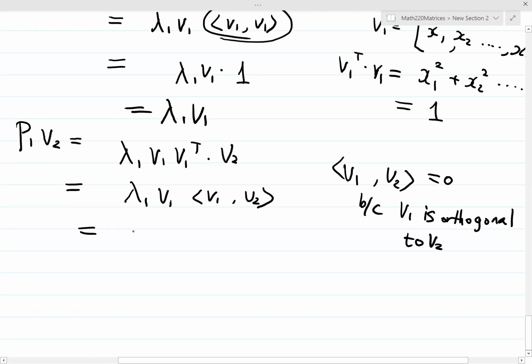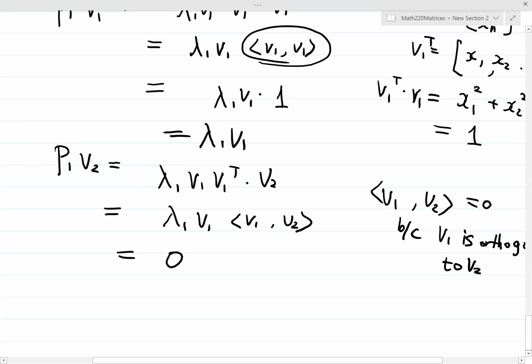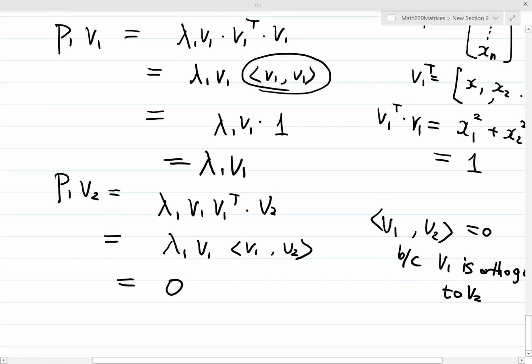So if you plug in the direction V2, we get the zero vector. You can also check P1 V3, P1 V4, up to P1 Vn. So P1 is indeed the projection onto the V1 direction, and also reskewed by the factor lambda 1.